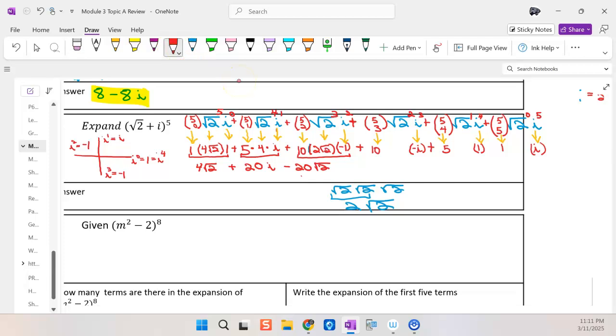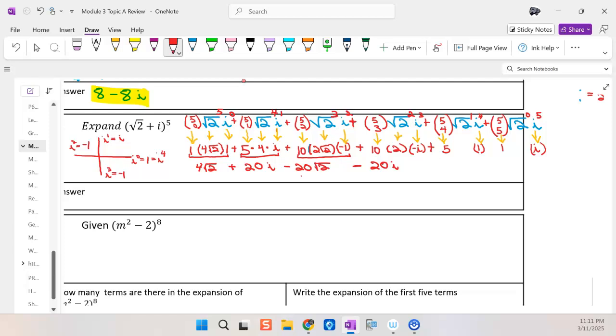Right? Our next one, root 2 squared. Well, that's just 2. So here I'm going to have 10 times 2 times negative i. So that's going to be negative 20i. All right.